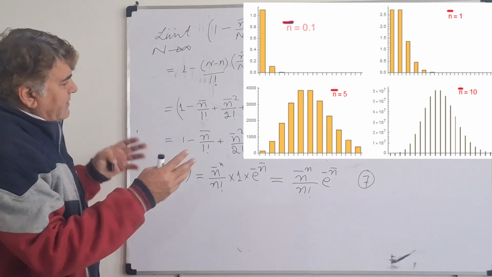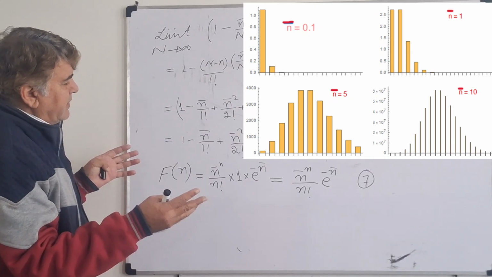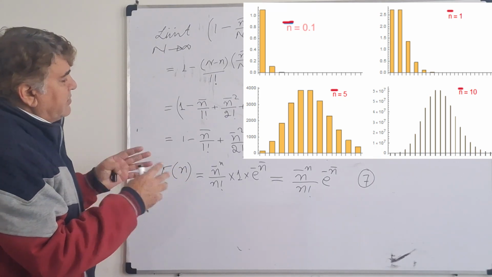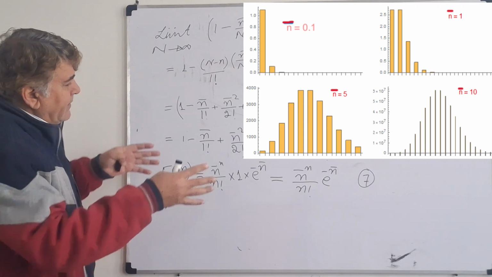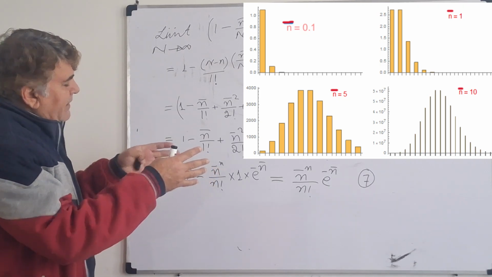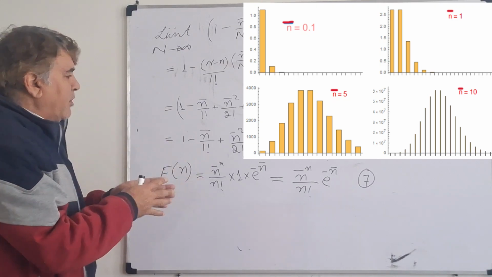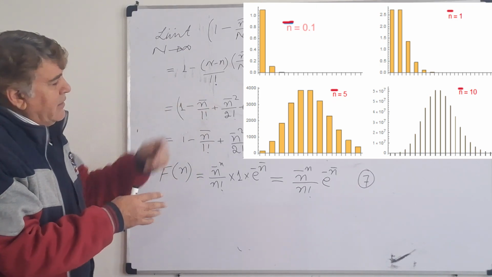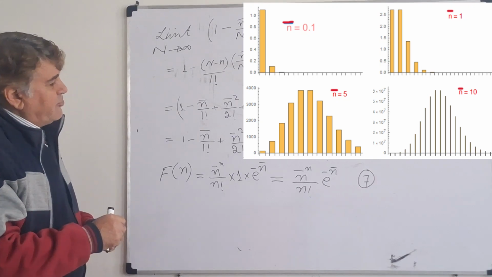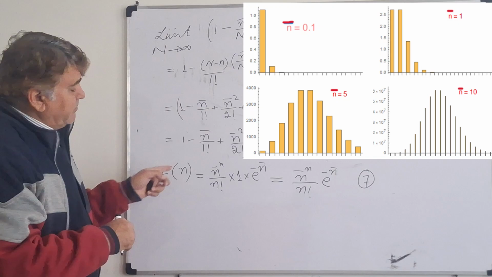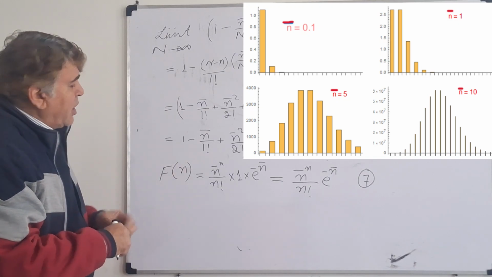So a widened distribution means the mean of the distribution is large, and a less wide graph means that the mean is smaller. That is just a rough estimation of the mean value from the plot of the Poisson distribution.